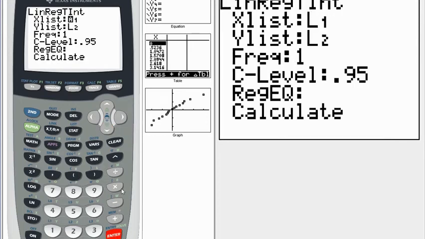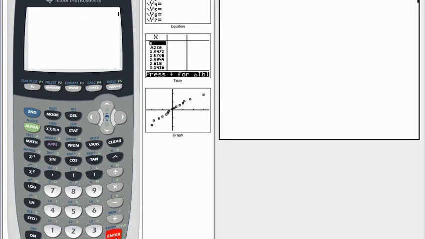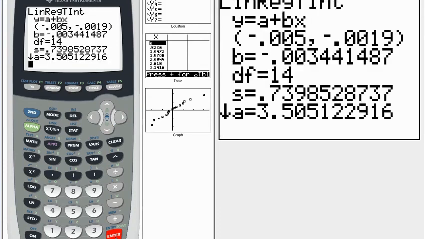So I select that, and I'm going to go with the 95% confidence level because they didn't specify a different level. And if you wanted to store the regression equation, you'd use VARS, Y-VARS, function, and you could store the equation there. And there you have it. That's the interval for this situation.